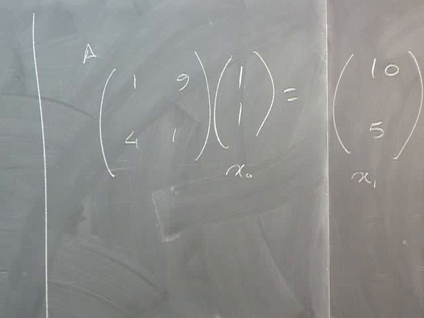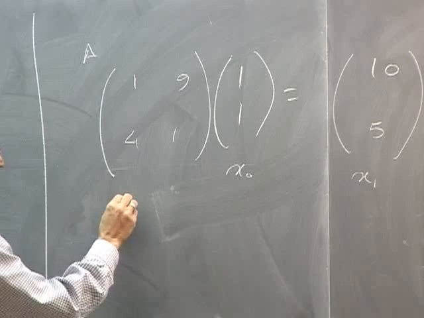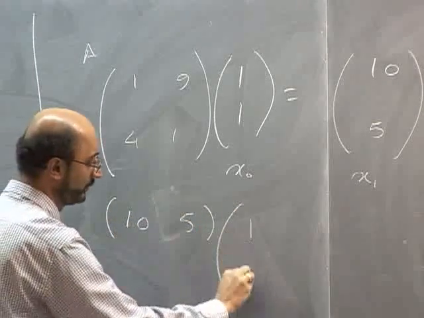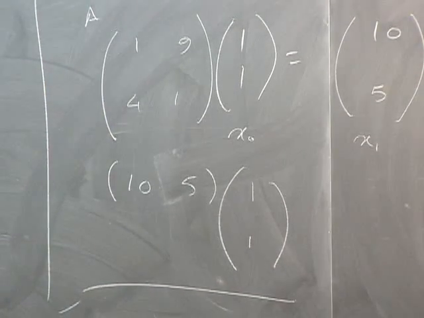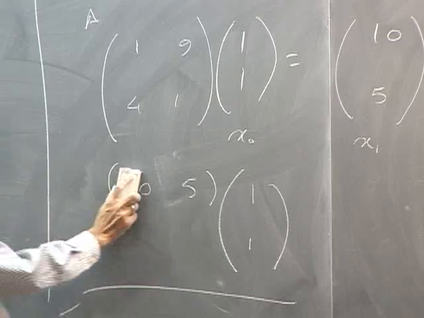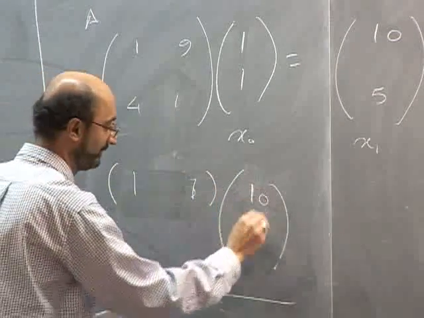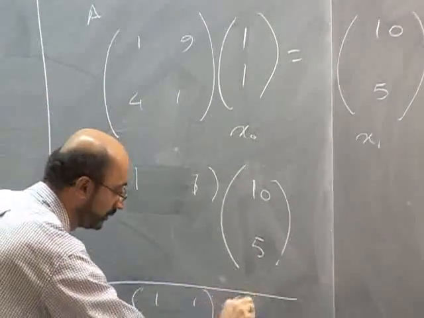So we just need these two values, x_k transpose x_{k+1} over x_k transpose x_k. So we're basically looking at 1, 1 multiplied by 10, 5 over 1, 1 multiplied by 1, 1.